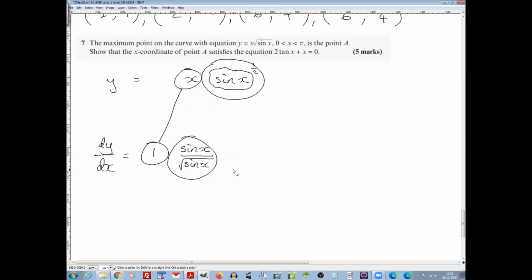Next, then you get plus x times a half sine x to the minus 0.5, times cos x.